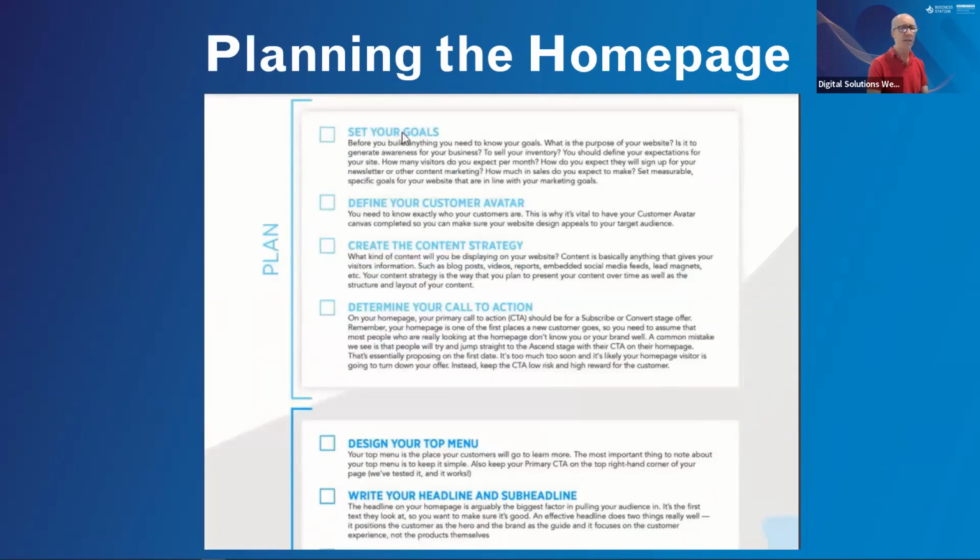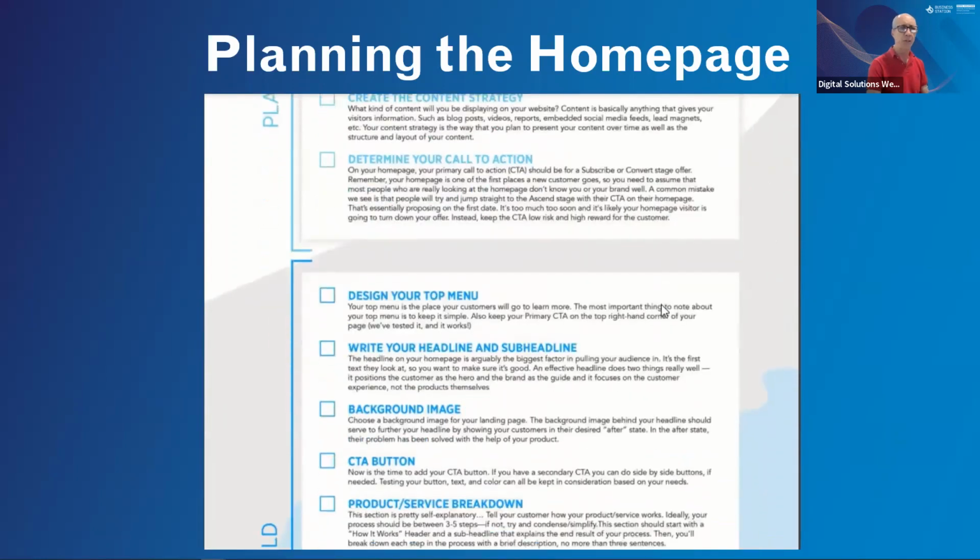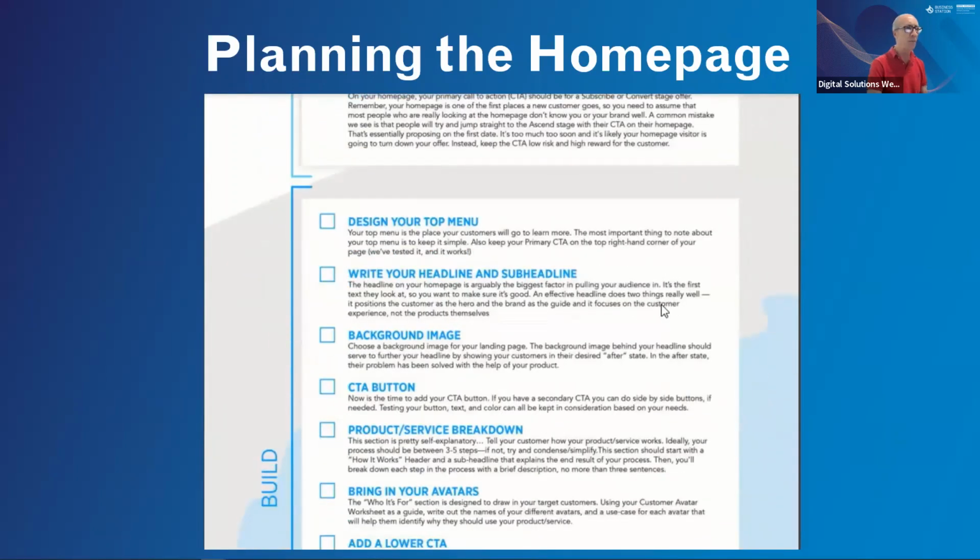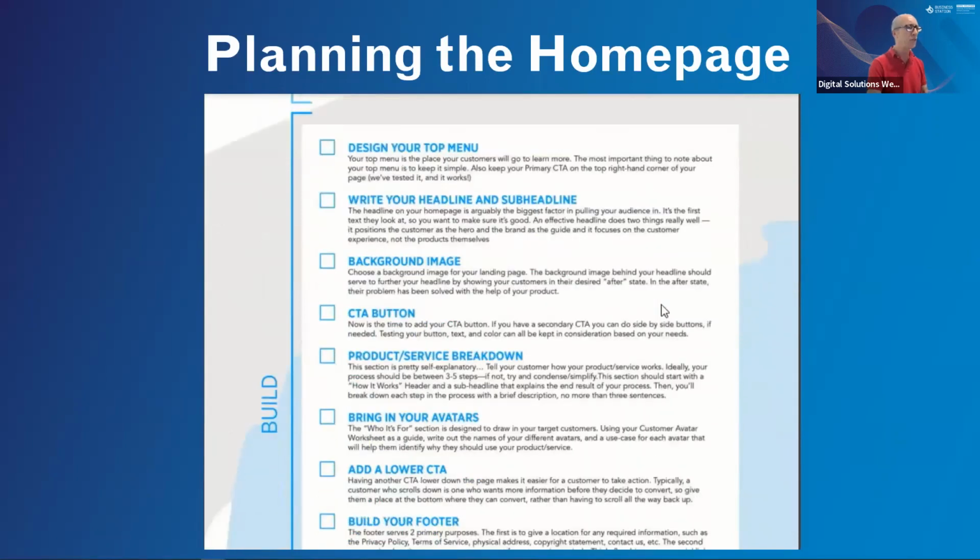It's about setting your goals, defining your customer avatar or who your audience is that you're talking to, creating content around that, what sort of content you want on your homepage, and then determining what your calls to action are going to be, your primary one in particular. Then we can talk about building it.